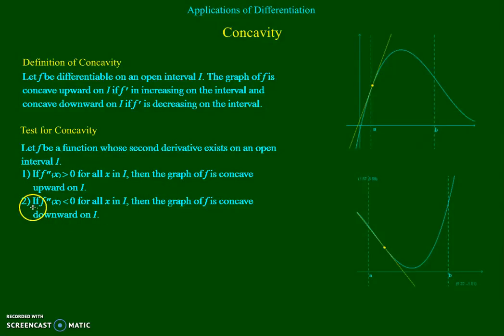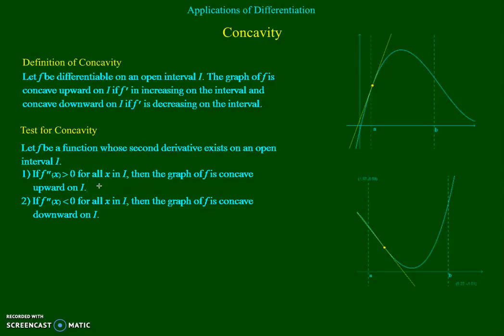Likewise, if the second derivative is negative on an interval, then the graph is concave down. So if the slope of the tangent line is decreasing on an interval, the function is concave downward. That implies our test involves a second derivative.